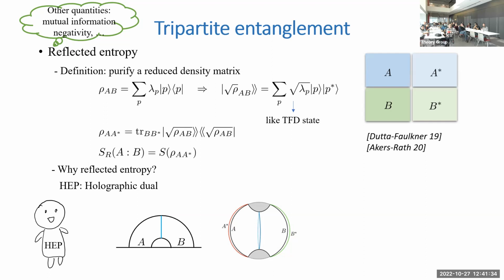But the result for the reflected entropy will be independent of the type of basis. It's like the Schmidt rank, where you minimize over something. When you do the purification, essentially because the purification is not unique, it's different.